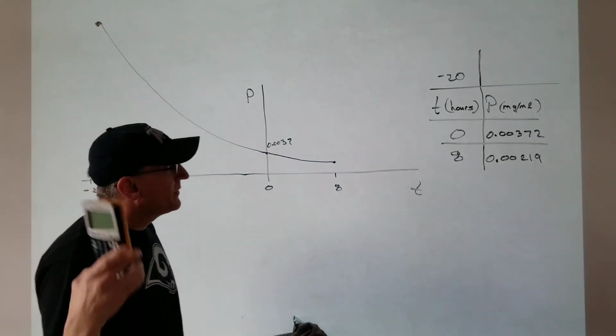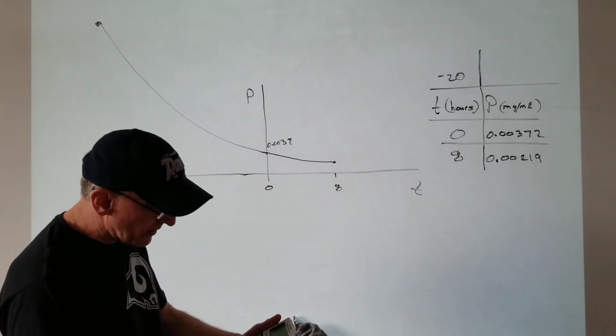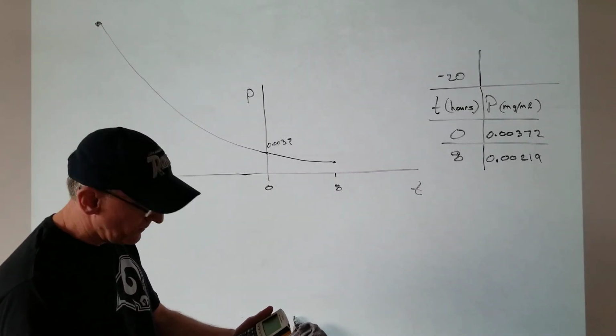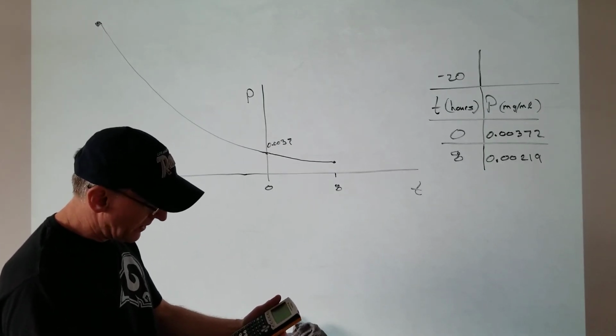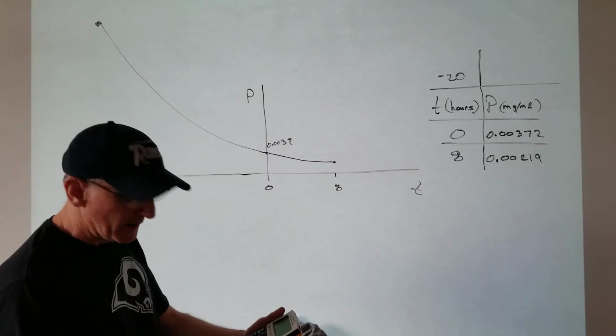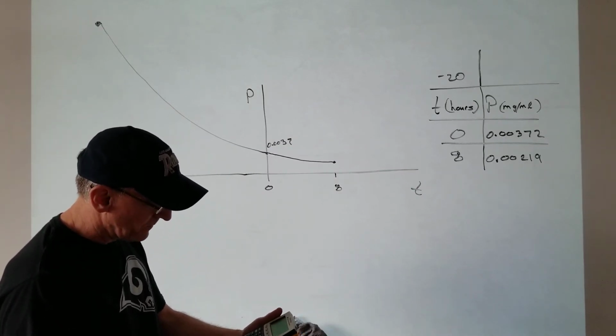Now, all you have to do since you have your model set up is plug in -20. So I hit the vars button, which is close to clear, tab to y-vars, hit enter for function, hit enter for y1 because that's where I have this stored, and evaluate at -20.